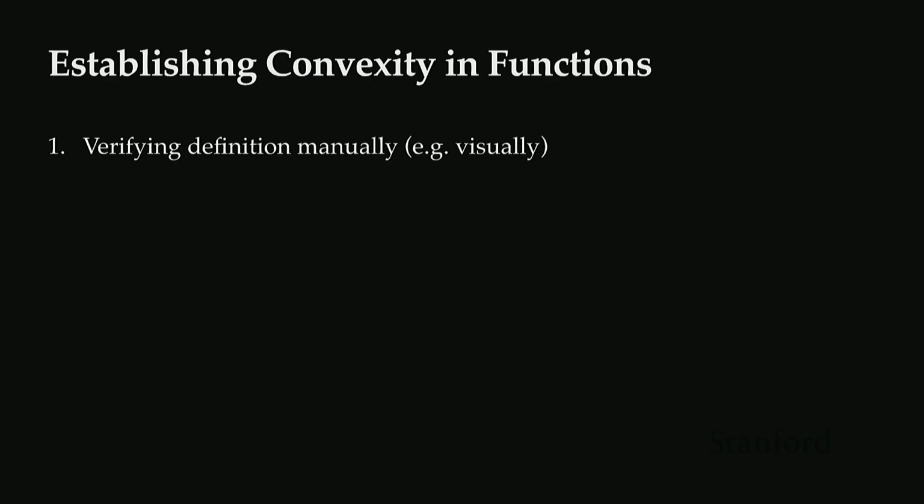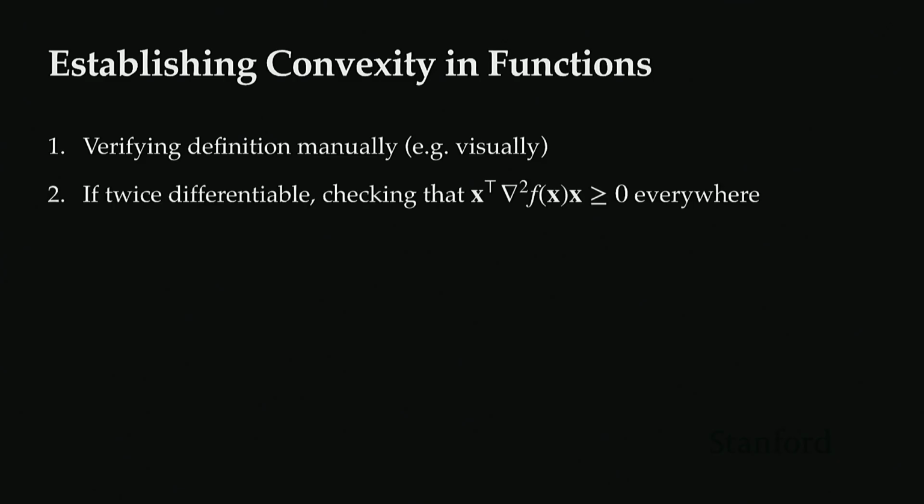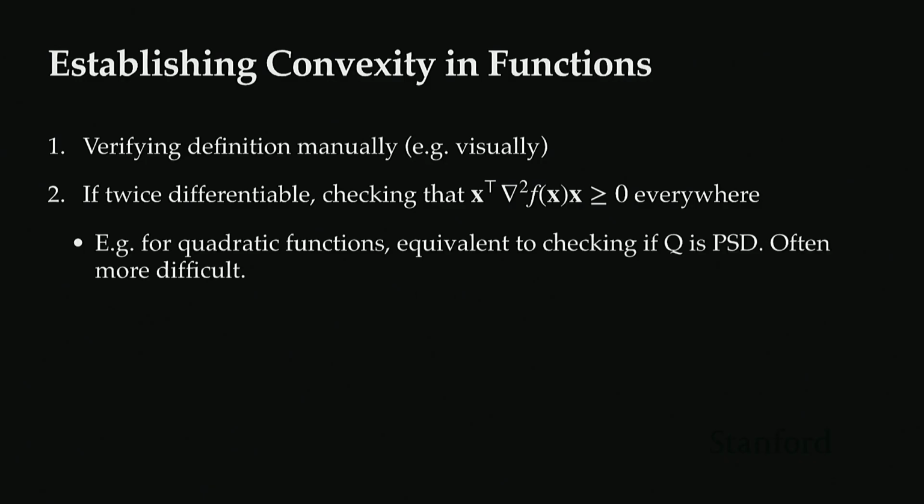If you're in multiple dimensions, you might take slices and do the same thing, but you can often end up missing pieces. If your function is twice differentiable, you can check that the Hessian is positive semi-definite everywhere. This might be easy for things like quadratic functions, where it's equivalent to just checking if that Q is positive semi-definite, but it can often be more difficult.